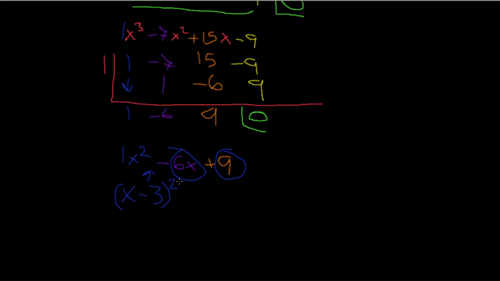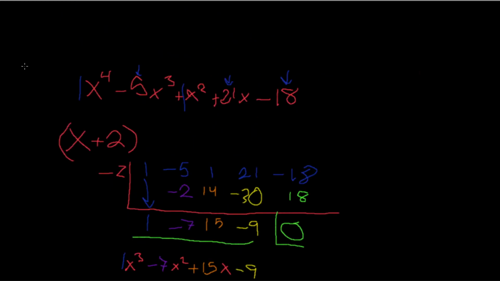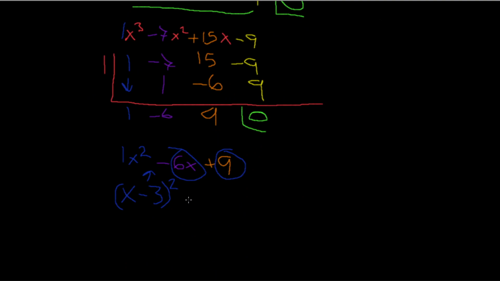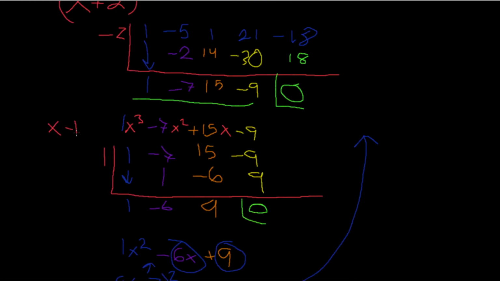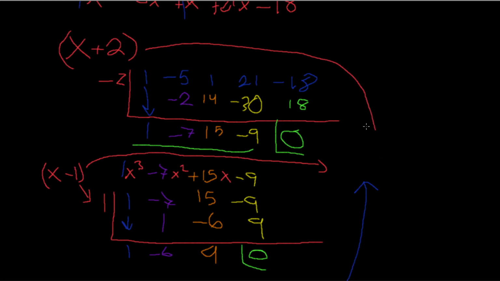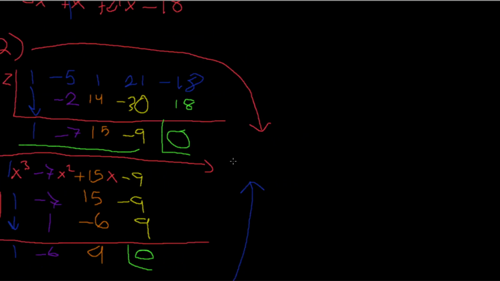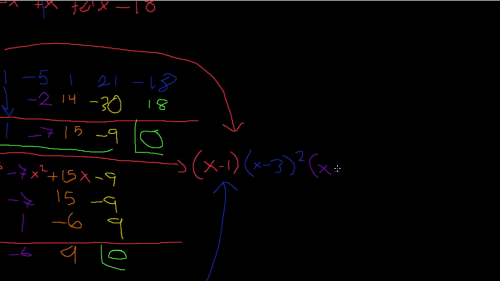So, after all that synthetic division, we will bring our x minus 1 from over here, and we will bring our x plus 2 over to get x minus 1 times x minus 3 squared times x plus 2.